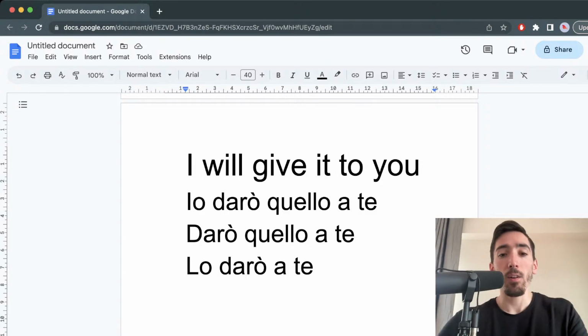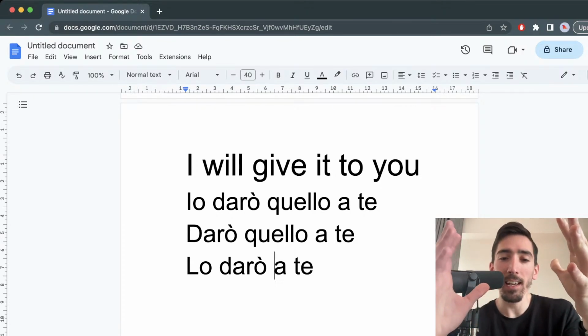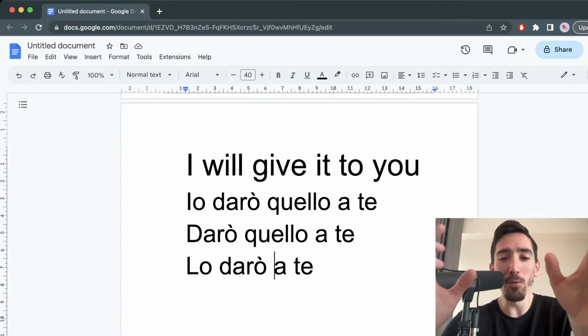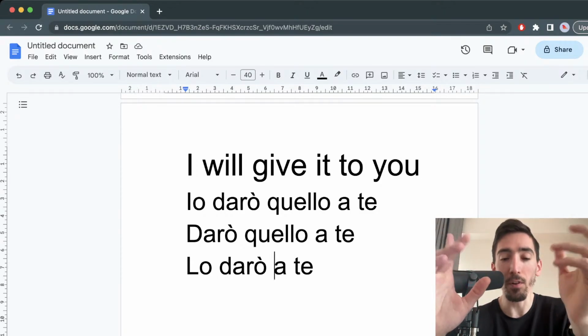Now, we also have this other constituent, a te, to you. A te is a constituent that has a meaning, right? And this constituent can also turn into its weak form version, basically.